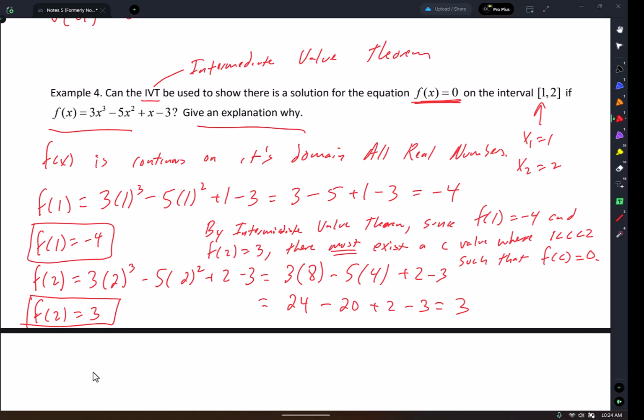Boom, full credit. I already stated that f of x is continuous up here.